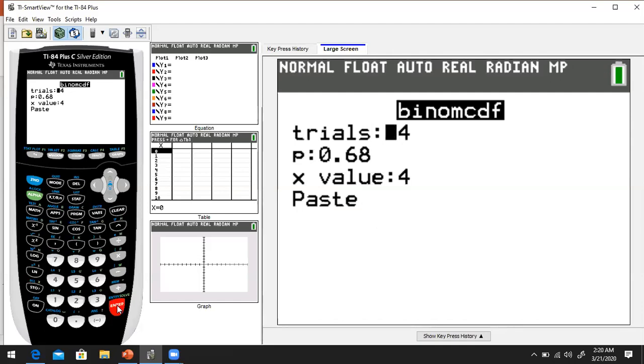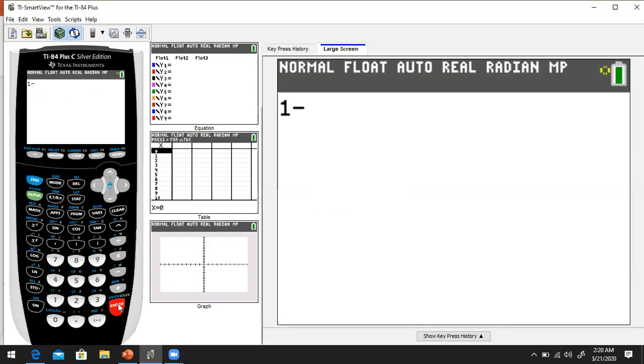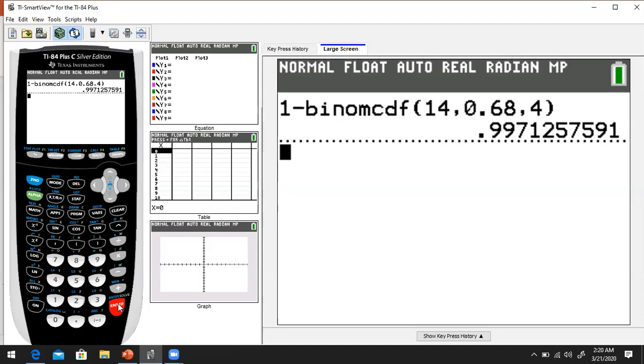So we have 14 trials. The probability is 0.68 and x is going to be 4 because we want from 5 up. Okay, we're going to calculate this one. And here we go, 0.9971. The same thing if you subtract 1 minus 0.0029.